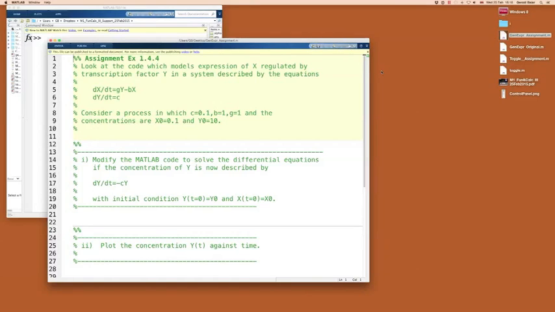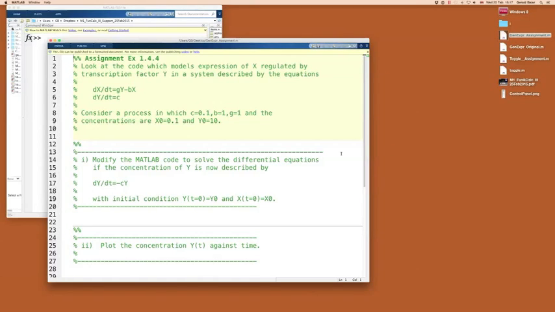Regulated by a transcription factor y. Now we have a transcription factor y that regulates the expression of x, and we have a system of two equations that are given here in this assignment. They are repeated here, and there are certain values that we are supposed to use for constants g, b, and c, as well as two values for the initial concentrations of those two factors in our assumed situation of gene expression regulation. So what are we supposed to do?